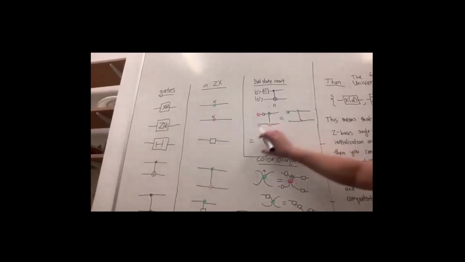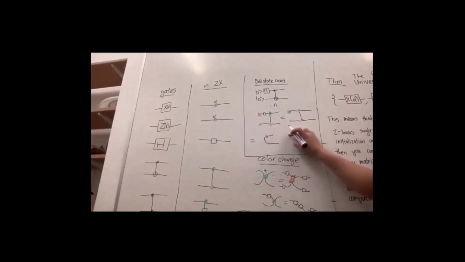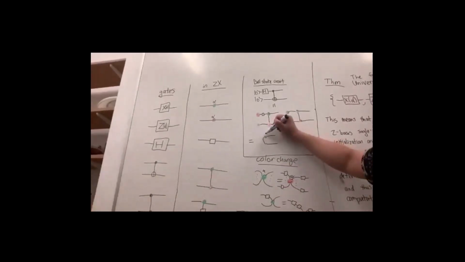But this diagram has 0 inputs and 2 outputs. So this is an internal edge. In any case, this is a green spider with 2 legs, which just means that it's a Z rotation of angle 0, so it's identity. And same with this, it is an X rotation of angle 0.